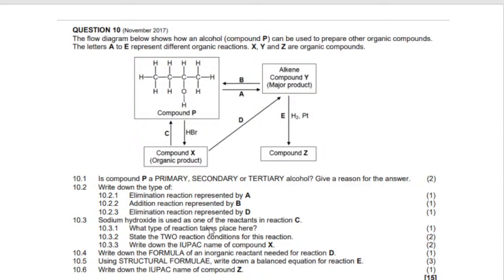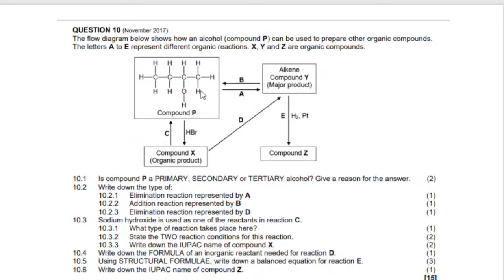They're saying that the diagram below shows how alcohol P can be used to prepare other organic compounds. A to E represent different organic molecules or reactions. X, Y, and Z are organic compounds.